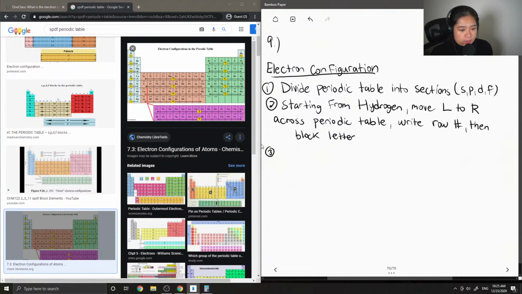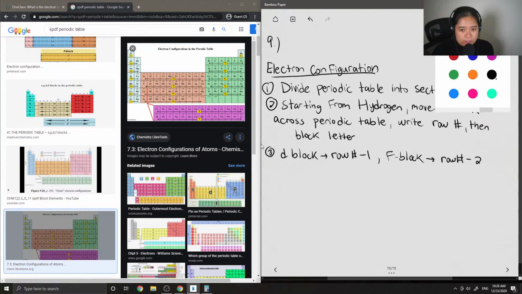And then I'll also note when you get to your D block, you write your row number -1. And if you get to the F block, you write your row number -2. Okay, so this will make more sense once we start doing the example.